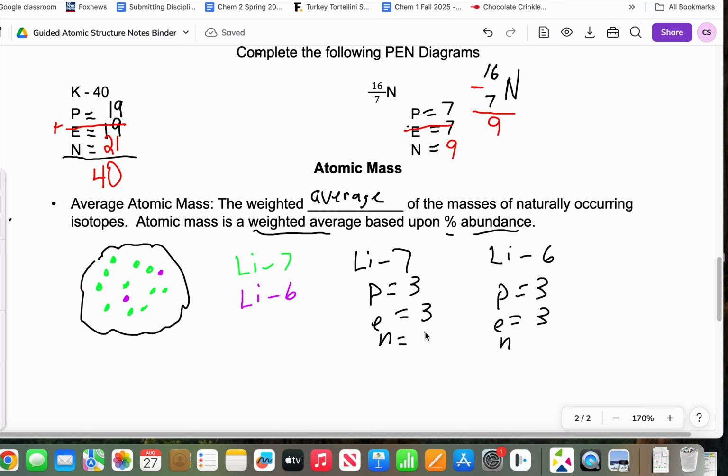But lithium-7 has 4 neutrons, and lithium-6 only has 3, because 3 plus 4 is 7, 3 plus 3 is 6. They're both lithium atoms, but they have different numbers of neutrons. Those are called isotopes. Same atom, different numbers of neutrons.